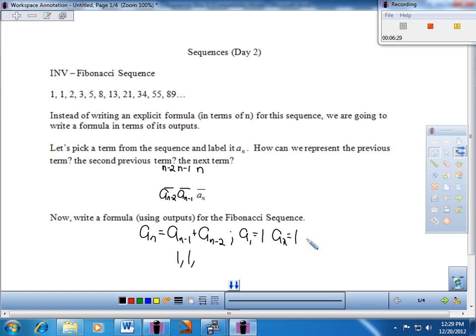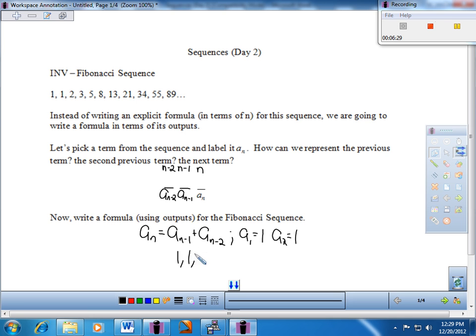Now I've run out of given terms, so I have to come over to my algebraic rule, and it says, okay, to come up with any term, I add the value of the previous term and the value of the second previous term. So to come up with a sub 3, I add a sub 2, which is this, and I add a sub 1, which is this.